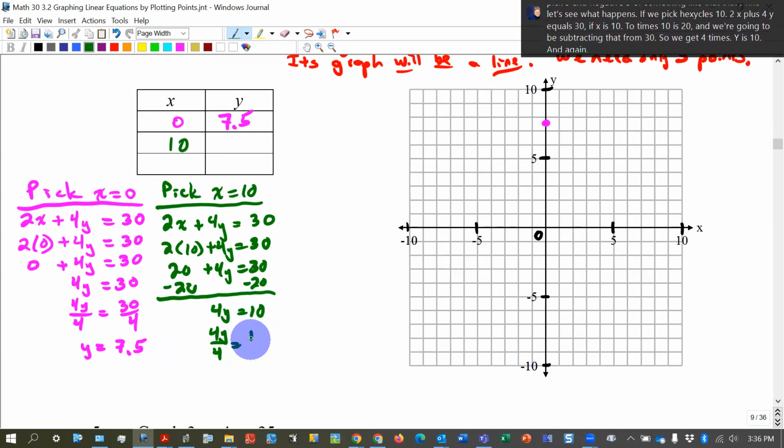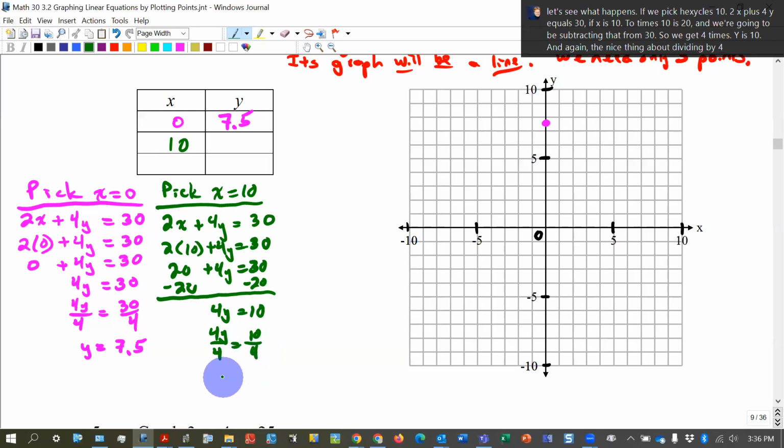And again, the nice thing about dividing by 4 is you always get a terminating decimal if you don't get an integer. So we get positive 2.5 this time. So 10, 2.5.